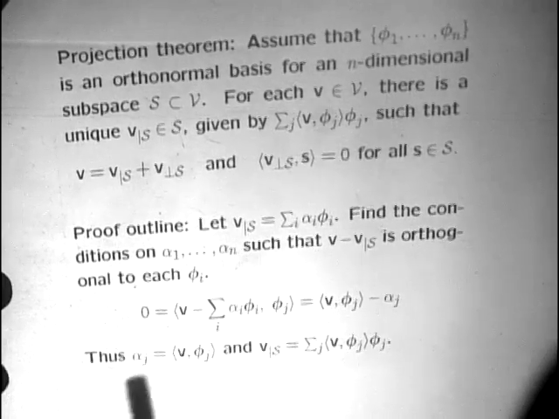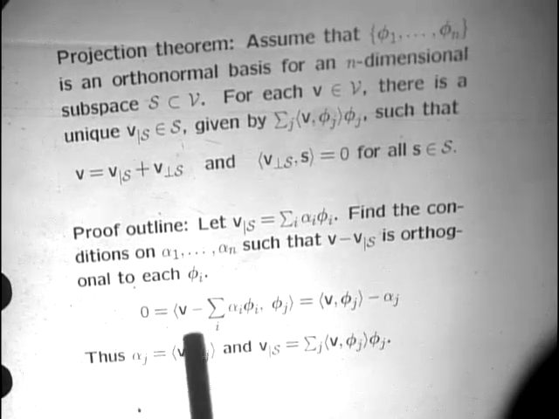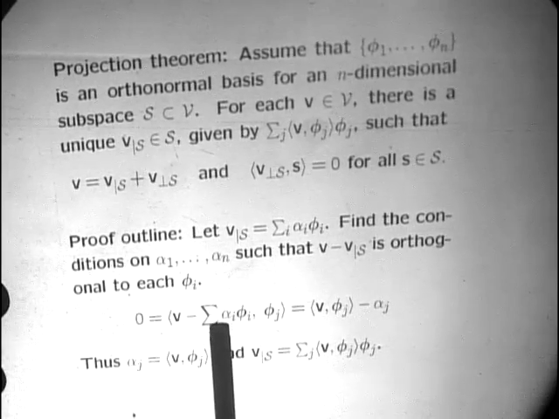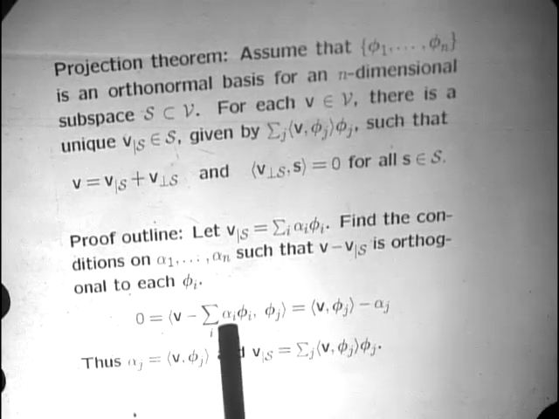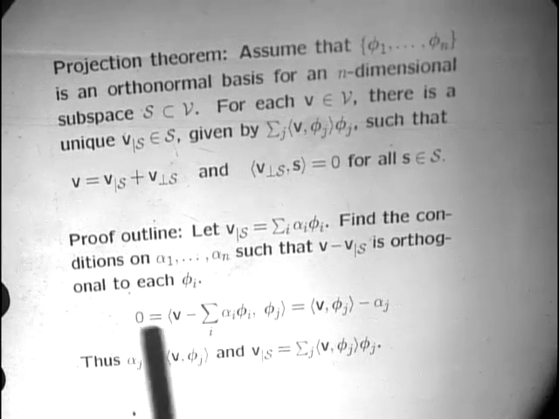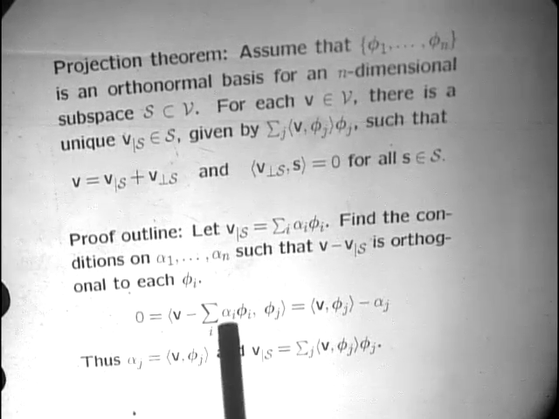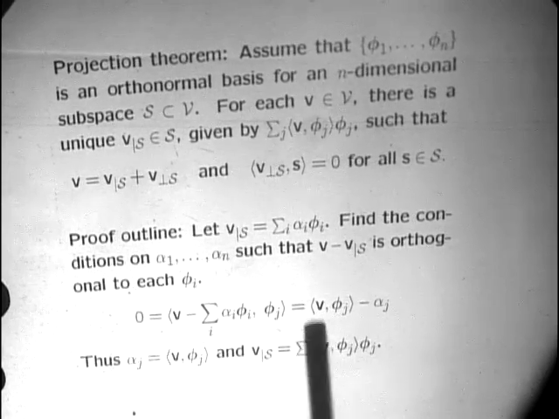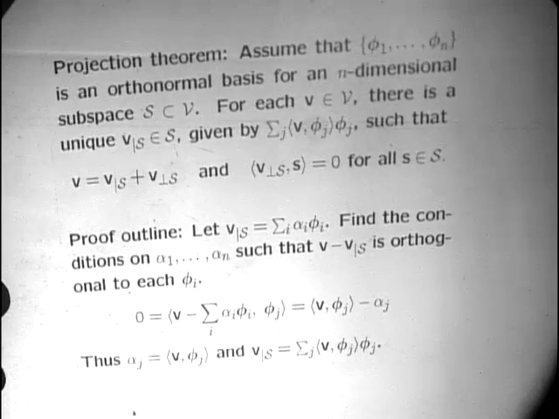So what I want to do is set 0 equal to V minus this projection, where I don't yet know how to make the projection because I don't know what the alpha sub i's are. But I'm trying to choose these so that the inner product of V minus the projection with phi sub j is equal to 0 for every j.